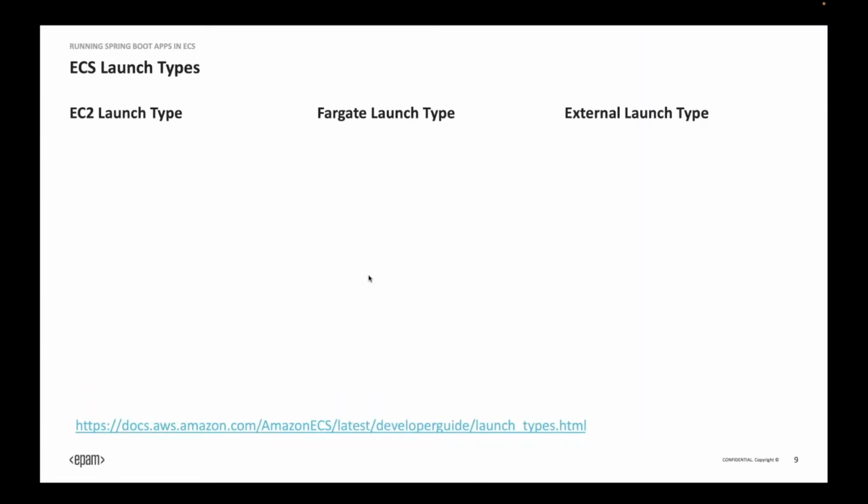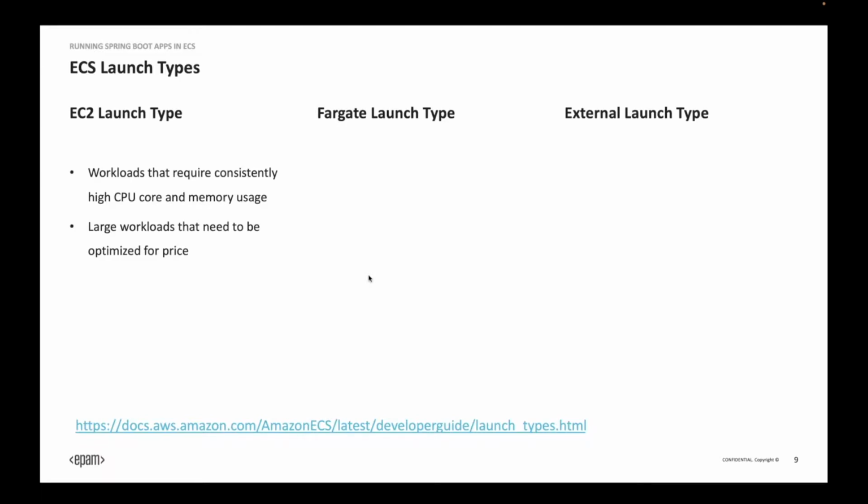Let's take a look at the launch types available for Elastic Container Service. There are three launch types. First of all, it is possible to run your containers inside your EC2 instances. In this case, ECS will manage your containers, and you can use this launch type if your workload has consistently high CPU or memory usage.